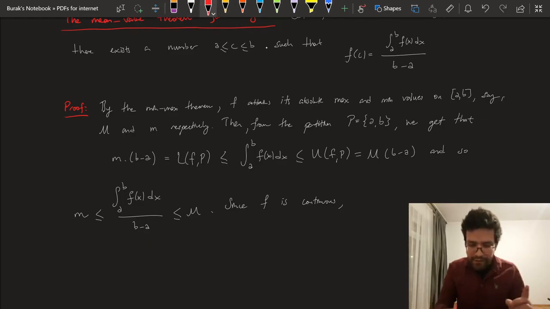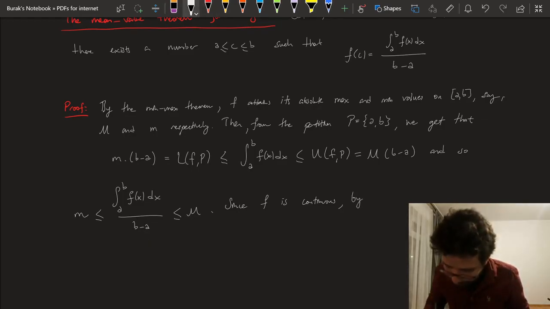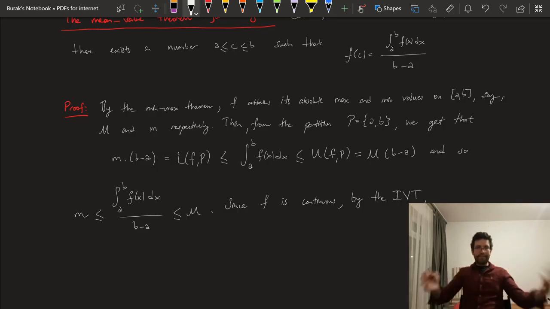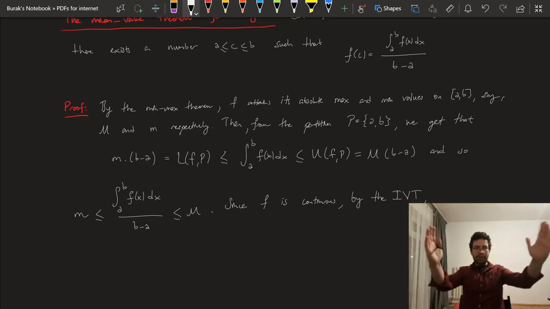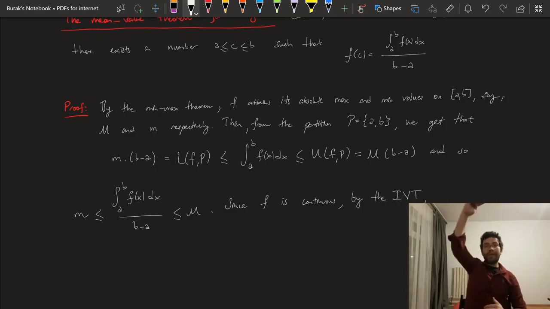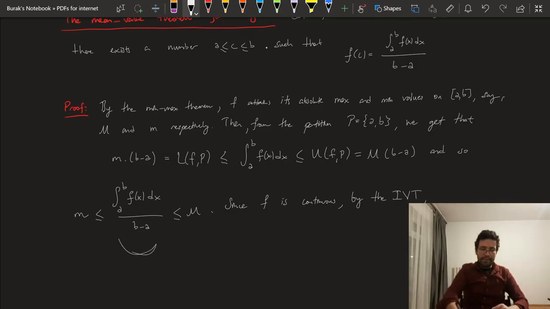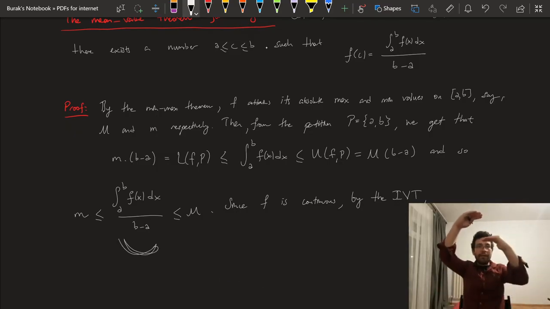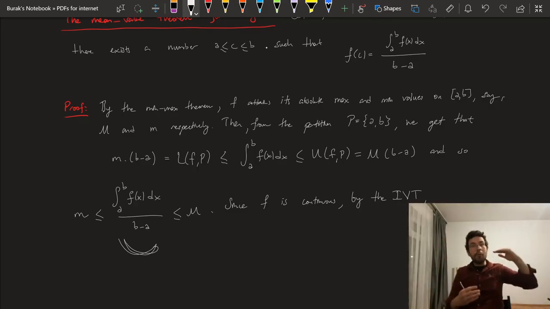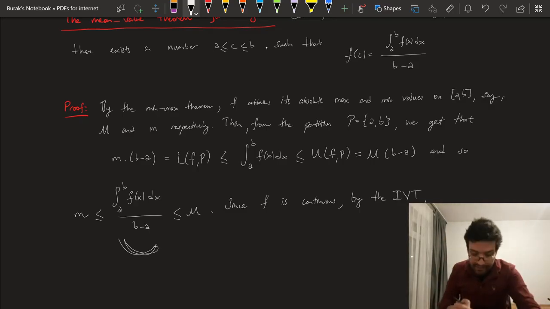Now, f is continuous, and the intermediate value theorem tells you at this point the following: I have a function on some closed interval [a, b]. This is its maximum value, this is its minimum value, big M, small m. I take some number, namely this number, which is in between. By the intermediate value theorem, there exists a point for which the value of my function is exactly this, okay?